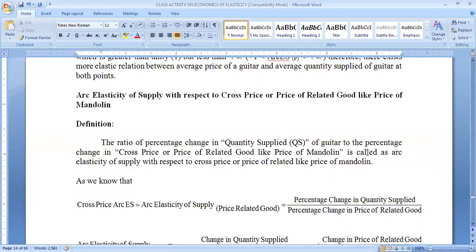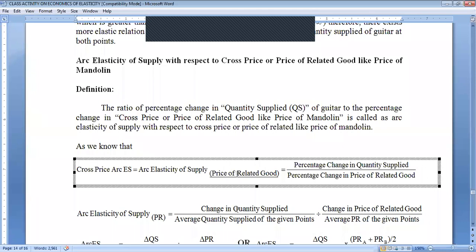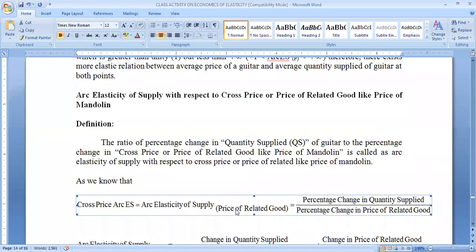The formula can further be written as cross price arc elasticity of supply equals arc elasticity of supply with respect to price of related good, equals percentage change in quantity supplied divided by percentage change in price of related good. So this is the formula.